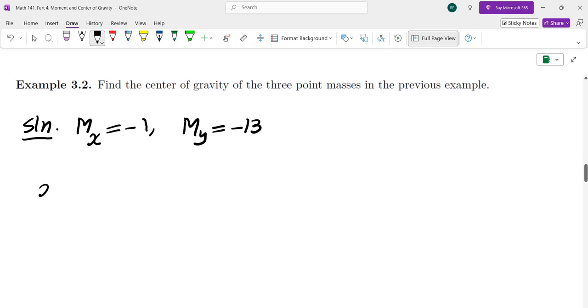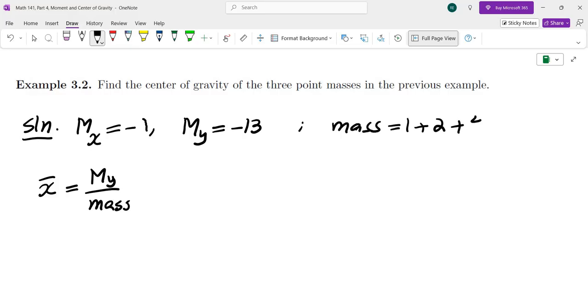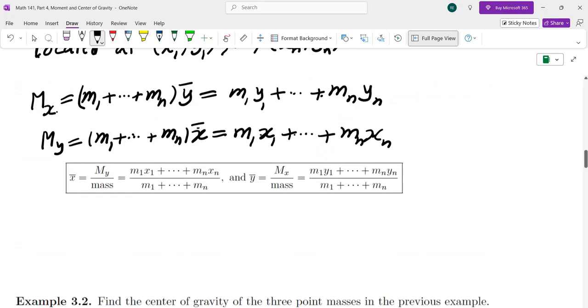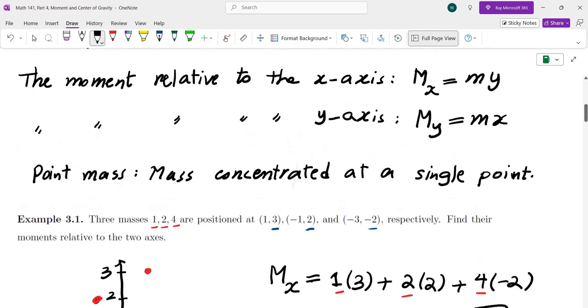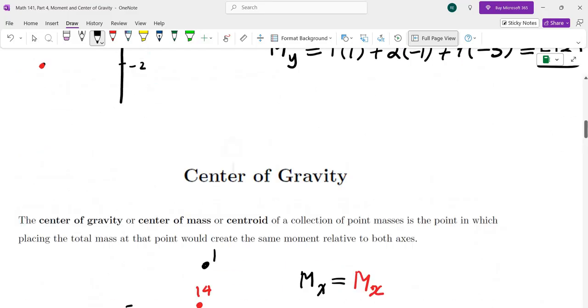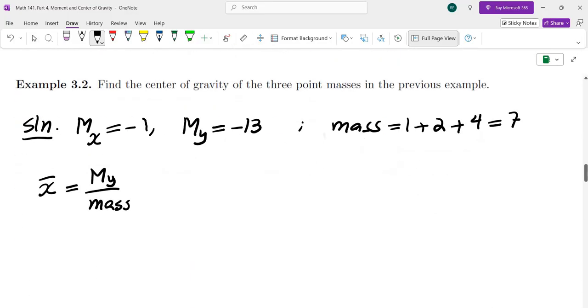So we know that x bar would be My over mass. Now, what is the total mass? Mass is 1 plus 2 plus 4, which is 7. They gave us those numbers in the problem. So they told us that the masses are 1, 2, and 4. So that gives us 7 as the total mass. So this would be -13 over 7.